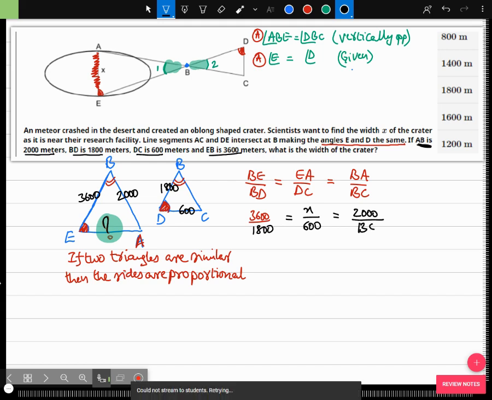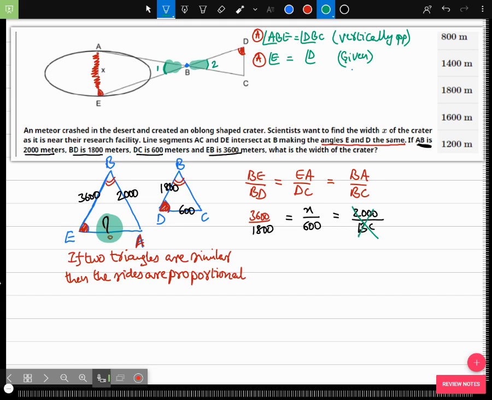By the way, we are looking to find the value of X. So I would say that this is the extra, unnecessary information. You may strike or you may drop them. Now, to find the value of X, we go for inverse operation, that is times 600 on both sides.